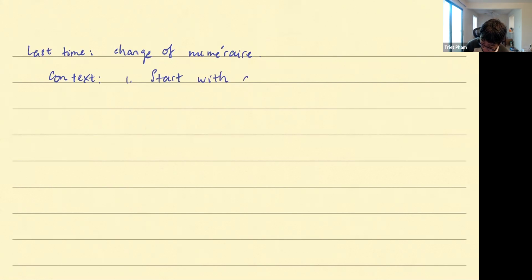Start with a risk neutral probability, P tilde. This is the given starting point that we always start with. But within this framework, we have several assets. One of them is something we call N.